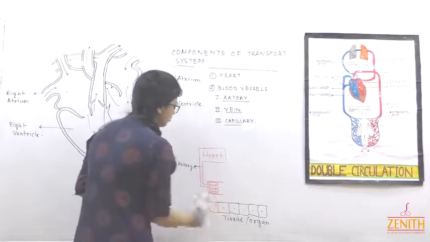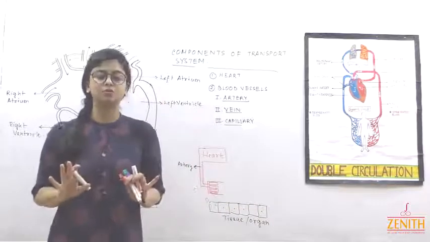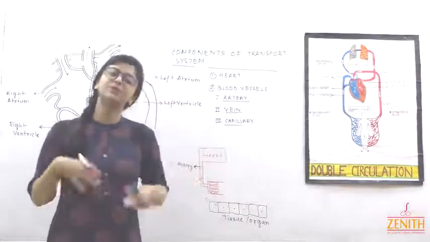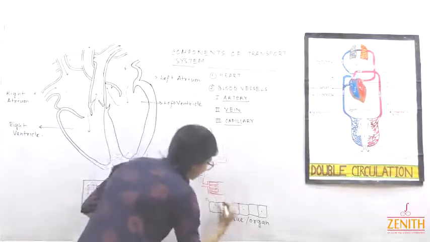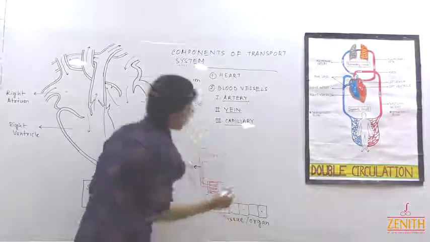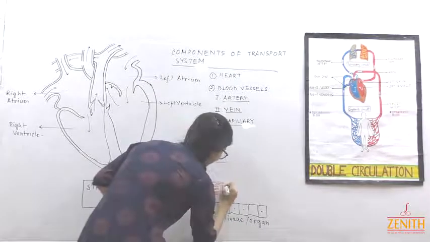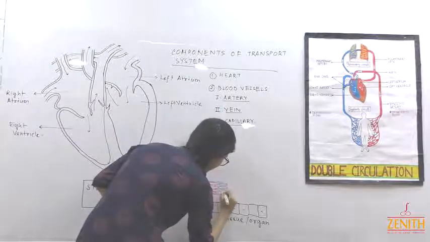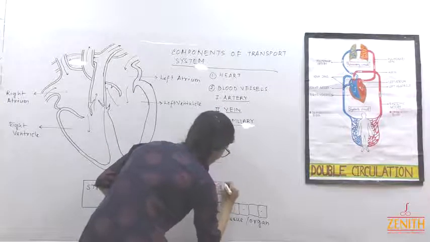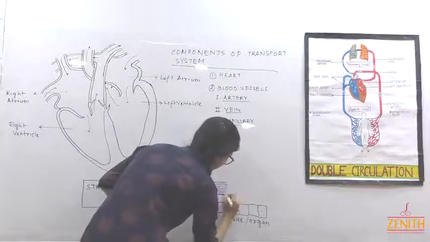Okay. Then we know that our tissue will produce CO2 by the process of respiration, which we will discuss in another lesson. So the tissues are generating CO2. This CO2 will be collected by these very tiny blood vessels which are called the venules.